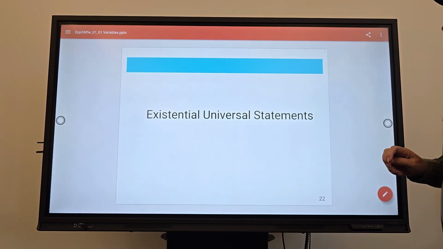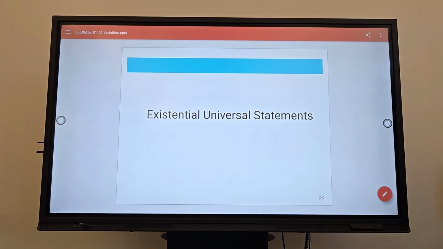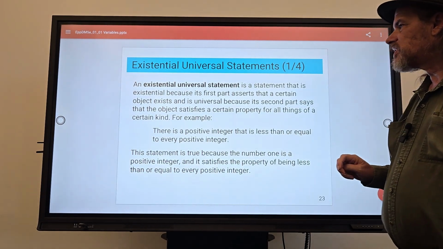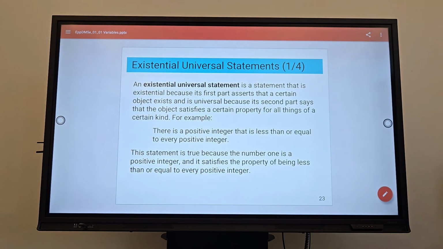Let's see here. Existential universal statements, where they are reversed. An existential universal statement is existential because its first part asserts that a certain object exists, and universal because its second part says that the object satisfies a certain property for all things of a certain kind.